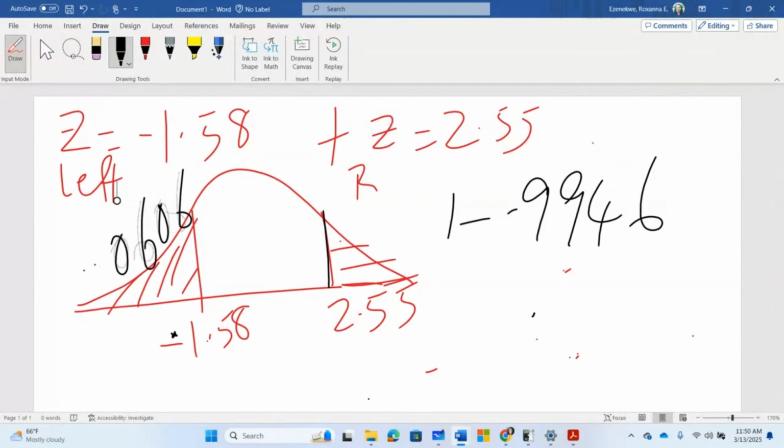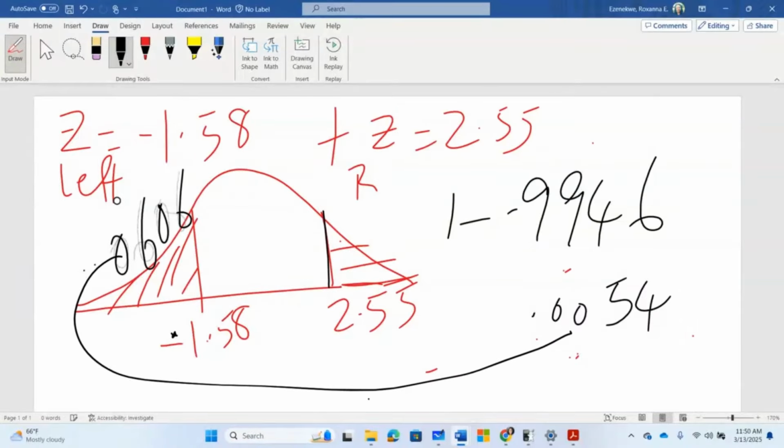I'll get an answer. Approximately, that answer is going to be 0.0054. And then I'm going to add these two areas, these two, that's what they want me to do. So plus 0.0606, add them up.